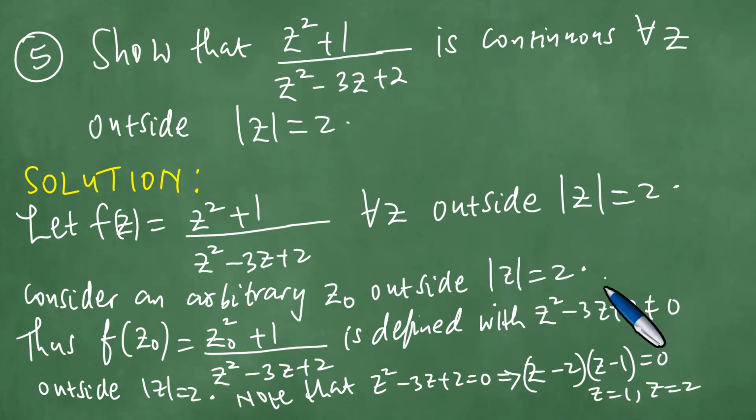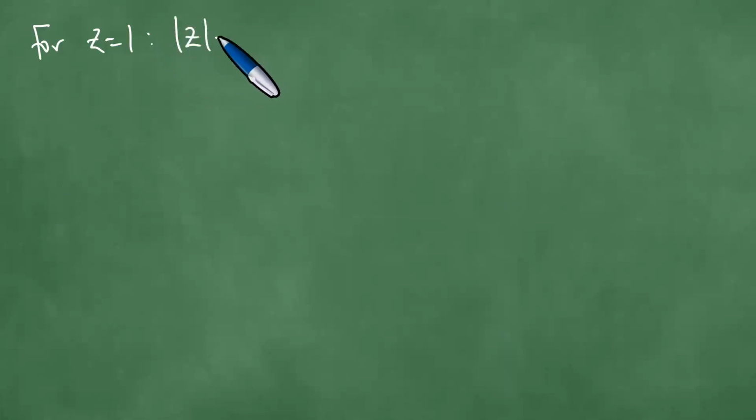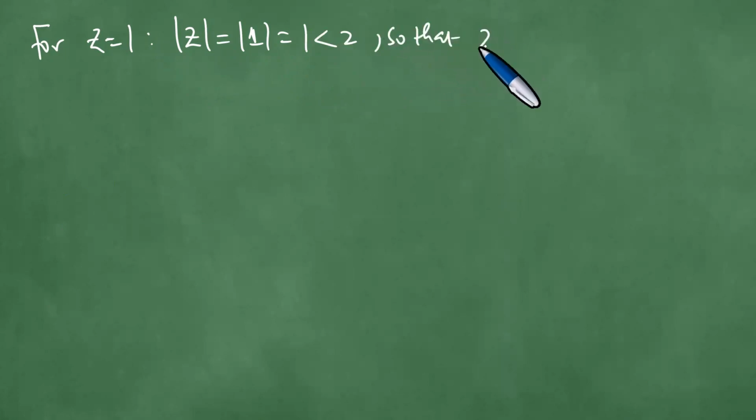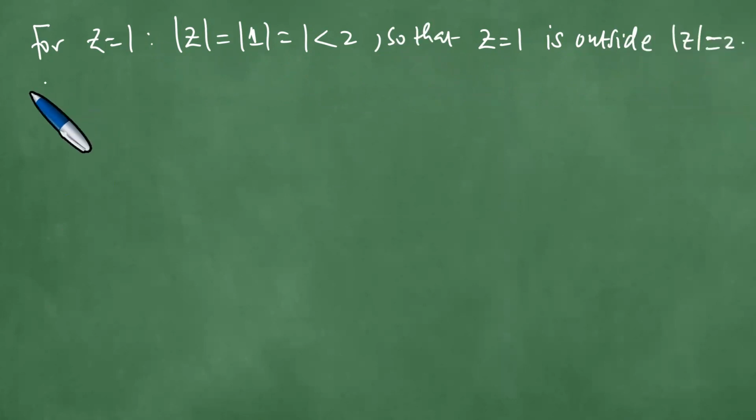Z equals 1 is inside and z equals 2 is on the boundary, so we just comment on that. For z equals 1, the modulus of z is the modulus of 1, which is 1, less than 2, so z equals 1 is inside the circle.